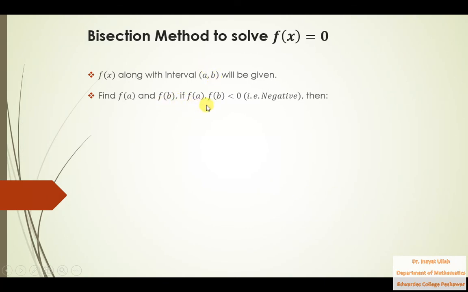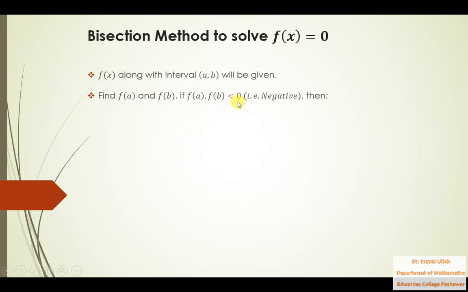Then multiply f of a with f of b. If the answer is negative, it means that the root lies within this interval. So this is a very important step. You need to multiply f of a with f of b.